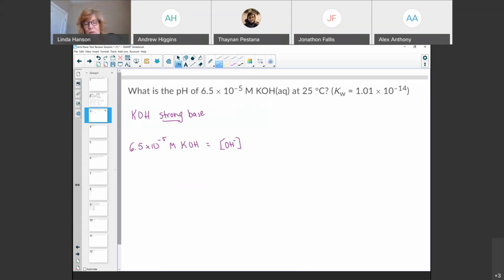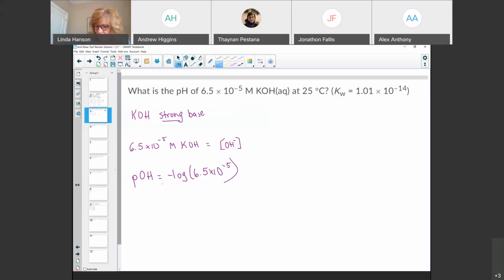Now, the reason I picked this one is just to remind ourselves that when I calculate the negative log of the concentration of the base ion, I'm getting something called the pOH, not pH directly.